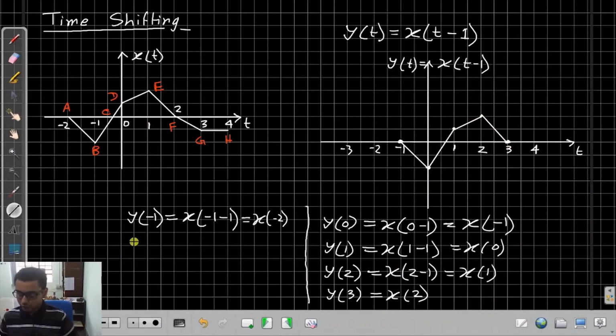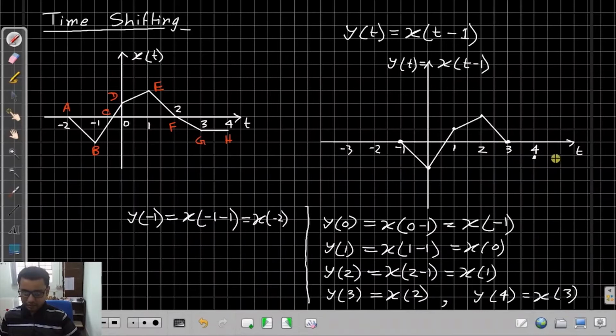Okay. If we go further, y of 4 will be the same as x of 3, and x3 is minus 1, so this point.